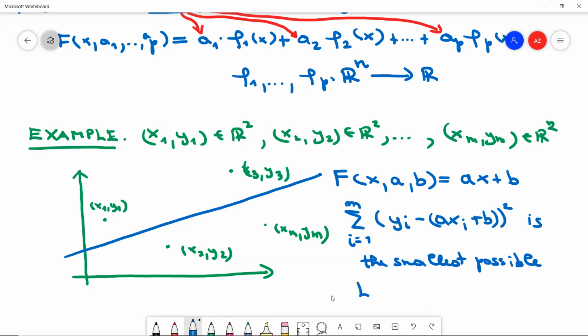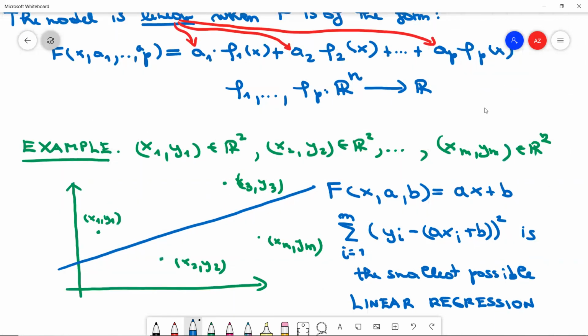And this is linear regression. If we compare this general linear model with what we have here, we can see that we have two parameters, a and b.